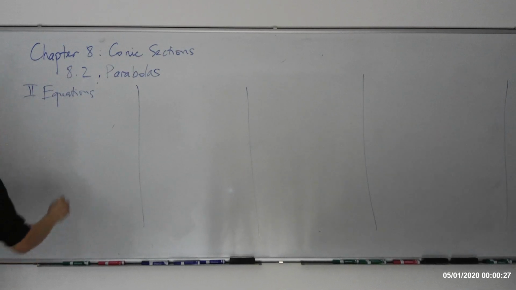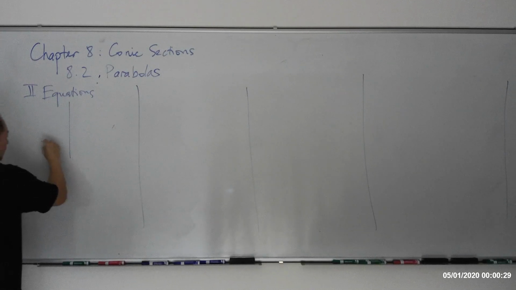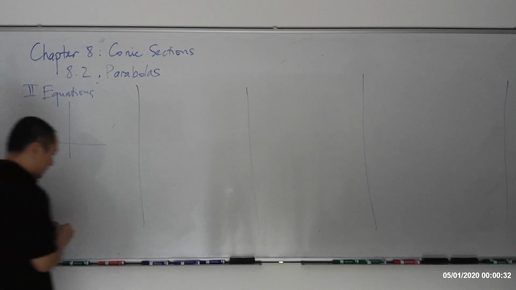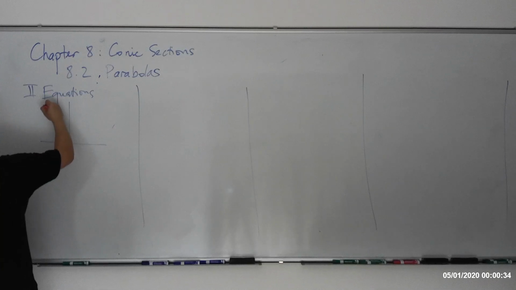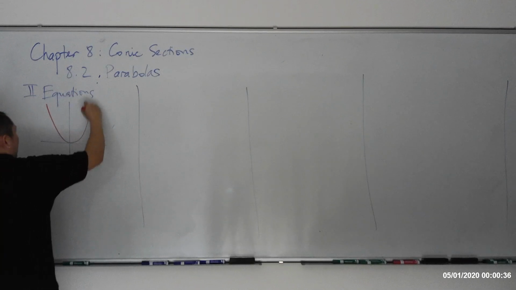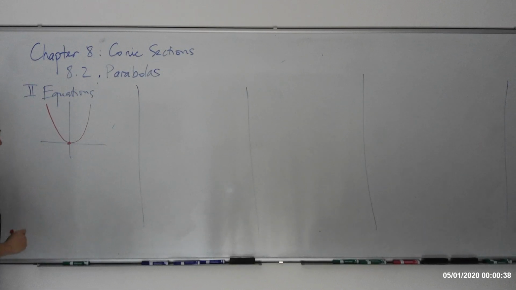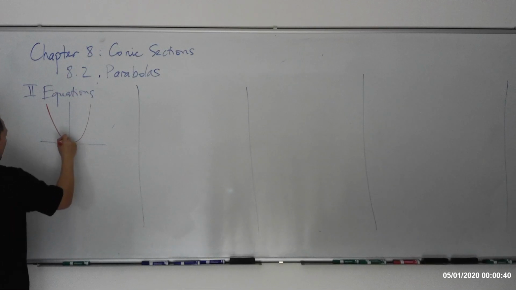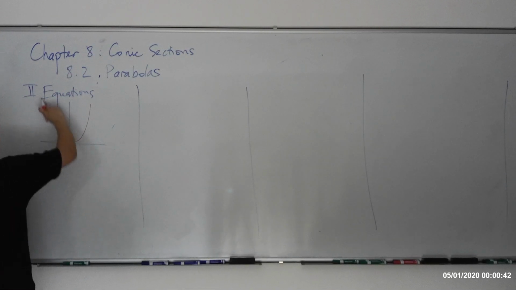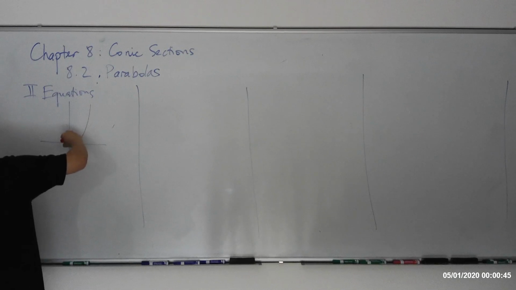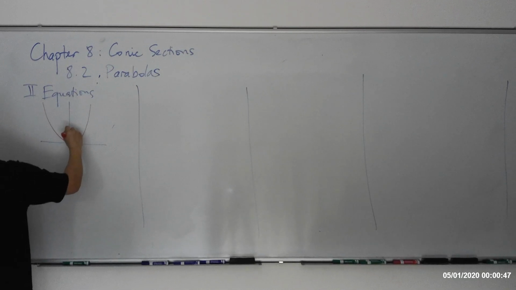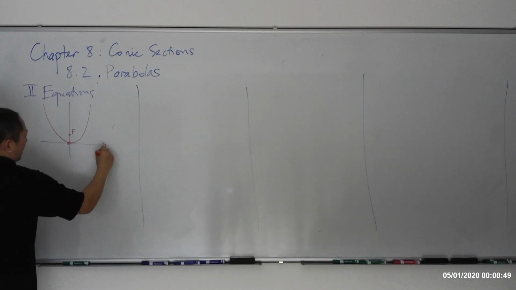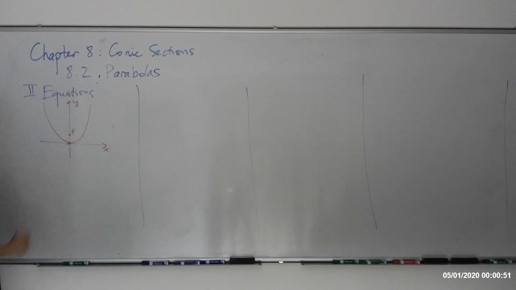Let me start with this one, a parabola that's pointing upward, with the vertex right at the origin. Of course, if it's pointing upward, the focus, let me draw it a little better. Focus is going to be right here, F right here. This is the x-axis, this is the y-axis.